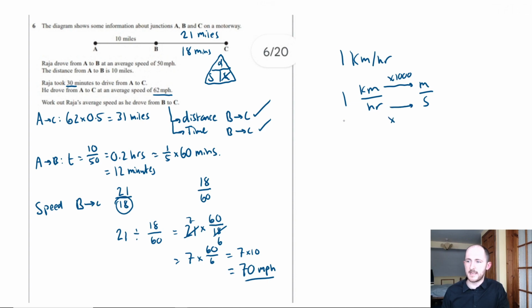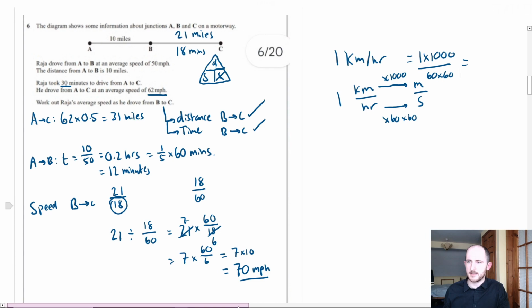You times by 60 to get minutes, and you times by 60 again to get seconds. So you're timesing by 1,000 and you're dividing by 60 times 60, because don't forget the hours on the bottom. So the answer for 1 kilometer an hour to meters per second is 1 times 1,000 over 60 times 60, which is actually less than 1. But yeah, I hope that makes sense.